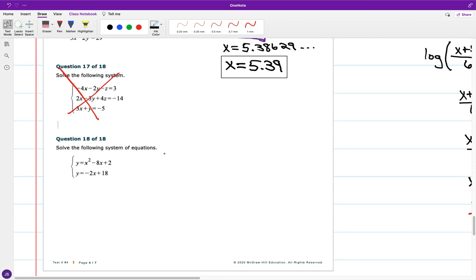For 18, we're looking at solving for x and y such that y is equal to x squared minus 8x plus 2, and y is equal to negative 2x plus 18. So for what we have in the system, you have a quadratic function as well as a linear function.